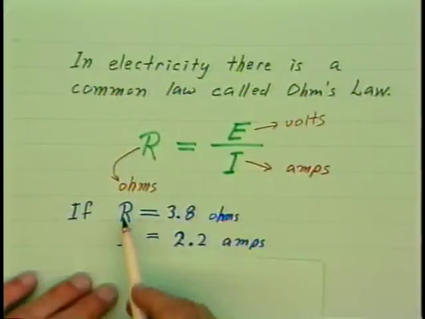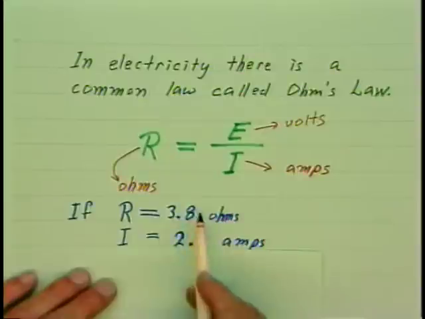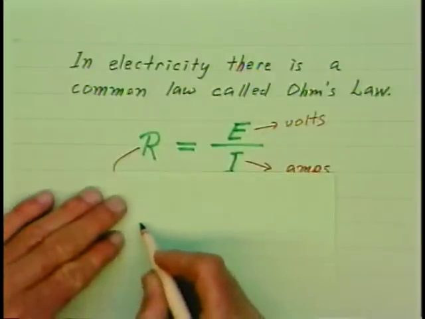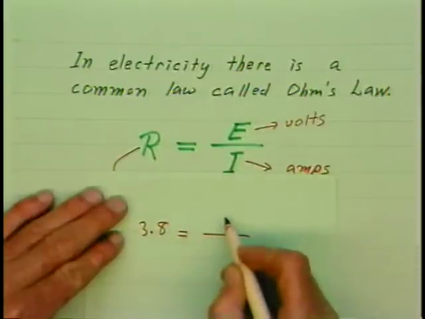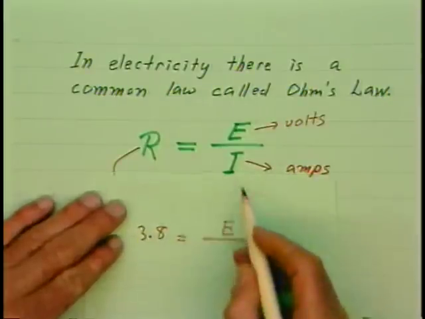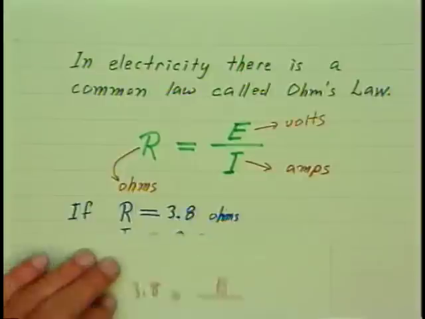Up here, let's replace the R by its replacement value of 3.8. It's equal to the E, which I don't know, but the I I do know is 2.2.